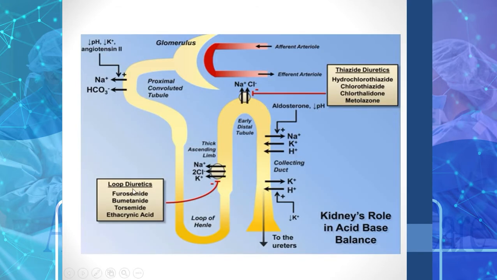Here, either a loop diuretic or a thiazide diuretic, they are inhibiting this protein, and here this protein in the case of a thiazide diuretic. So the amount of sodium excreted and coming to the urine will be enormous.